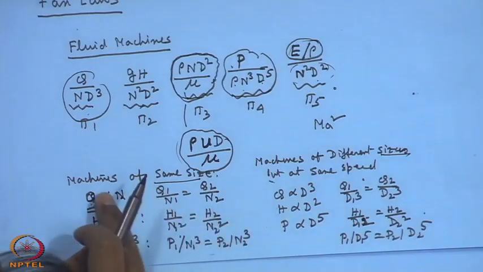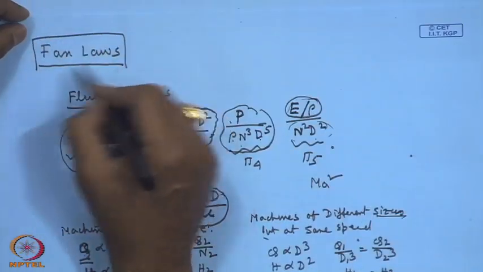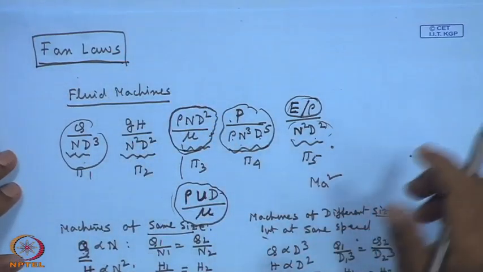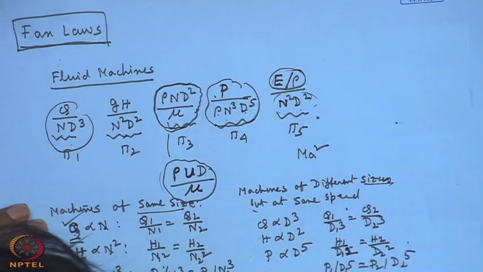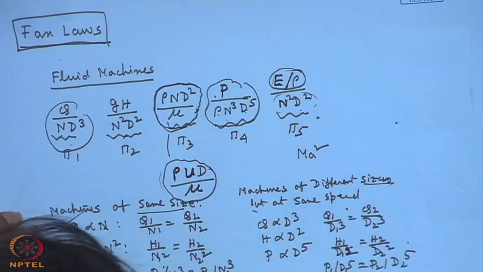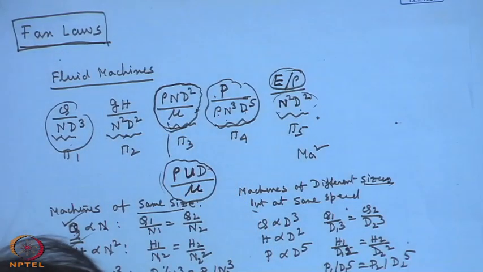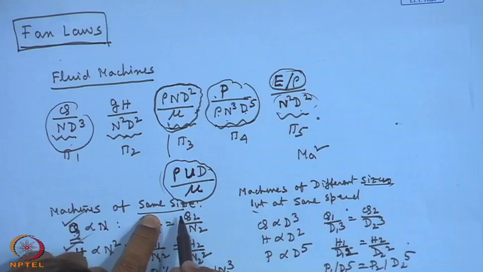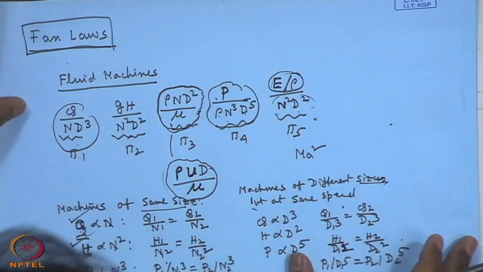So, till date these scaling laws are known as fan laws. While studying fans, we must know what the fan law is. Fan law is nothing but the scaling laws for the volumetric flow rate, the head, that means the energy per unit weight or energy per unit mass, you can take gH, it does not matter, g is constant, and the power, with the speed for the same size and with the size for the same speed.